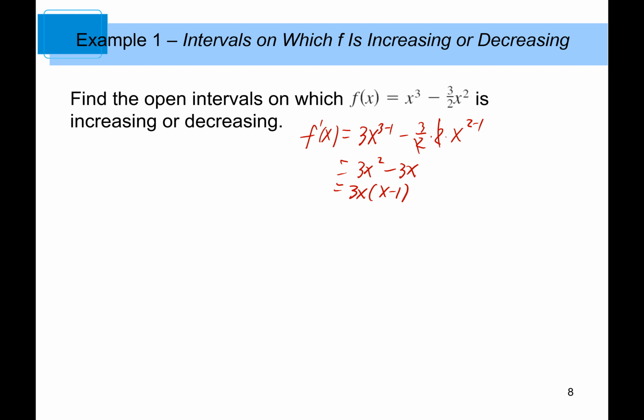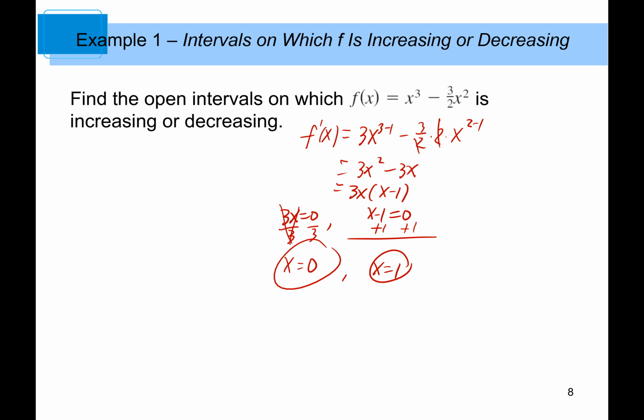Then use the zero factor property, setting 3x equals 0, setting x minus 1 equals 0. Then solve for x. Divide by 3 on both sides of the equation, adding 1 to both sides of the equation. Cancel 3, we end up with x equals 0 here, x equals 1.